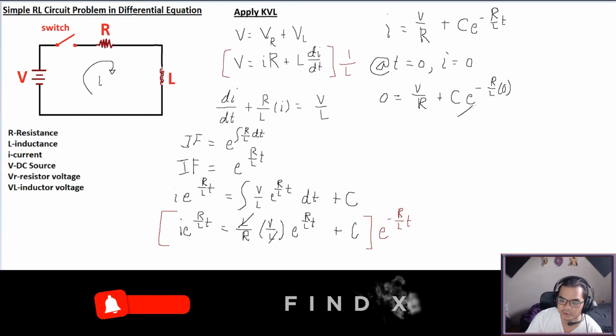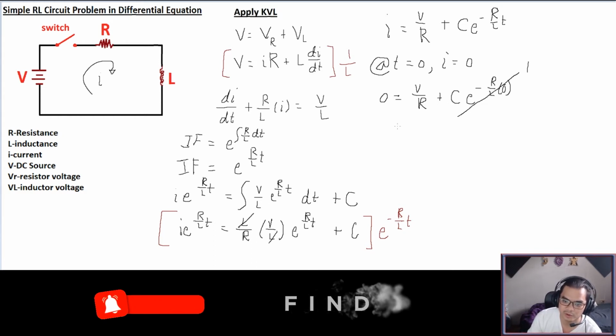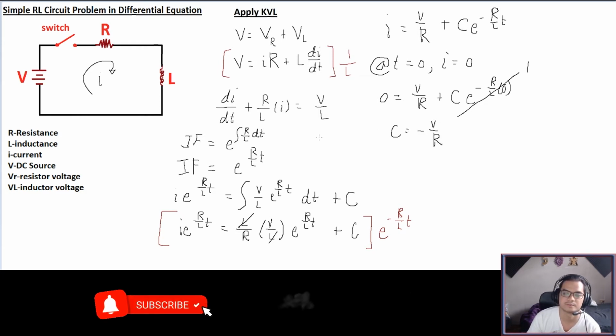Simplifying, you'll know that the exponential is just equal to 1, and that becomes C plus V over R. We have to transpose V over R. Therefore, C will just be negative V over R. That's it, we already have the value for C.